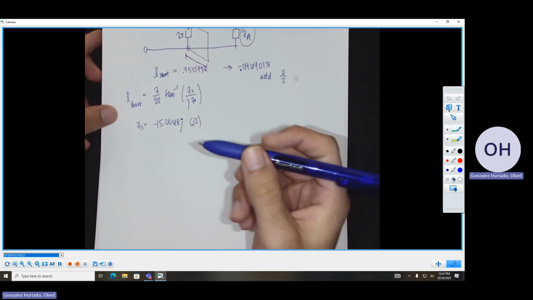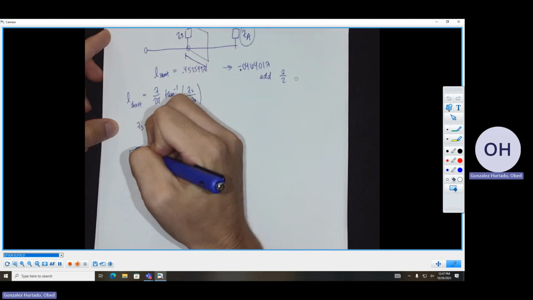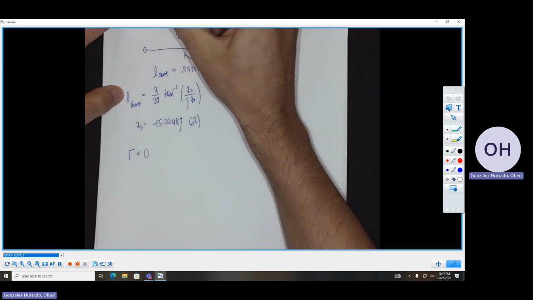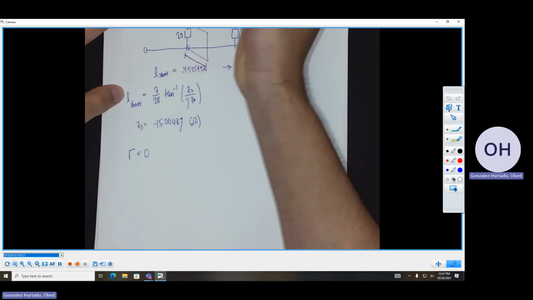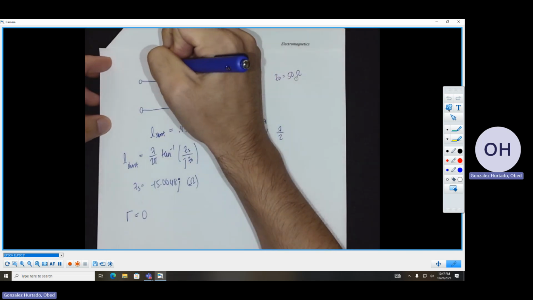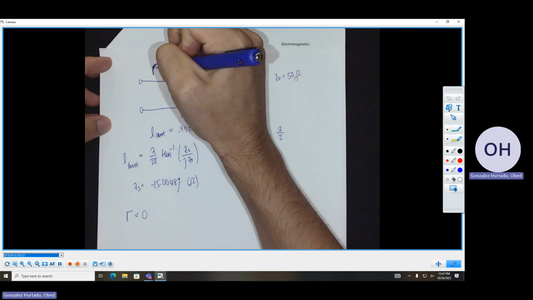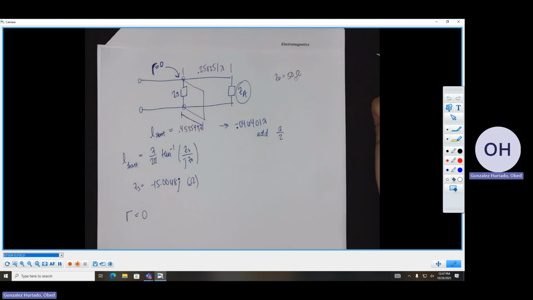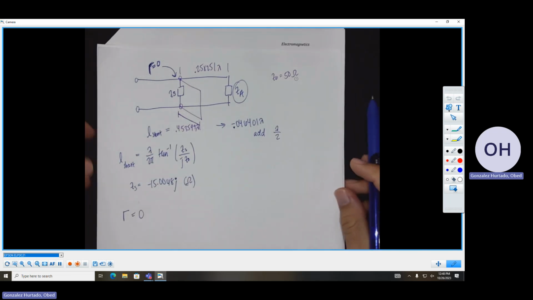Either way, since we know it's matched, we know that our gamma is 0 at this location, and at any location before that too, since it's matched.